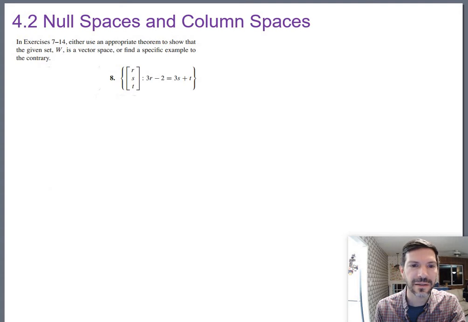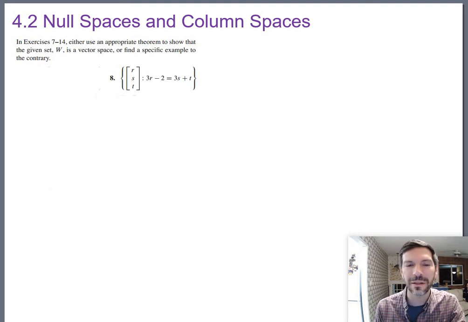And 8 says, apparently we're talking about R3 vectors here. And it says all R3 vectors of this particular format, 2 times R, or 3 times R minus 2, has to equal 3 times S plus T. And I'm like, okay, that's interesting. I can imagine that there are vectors that fit that.